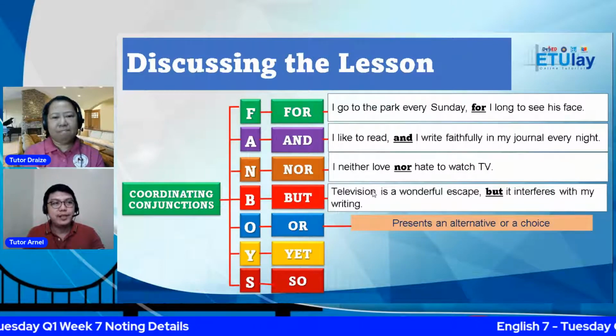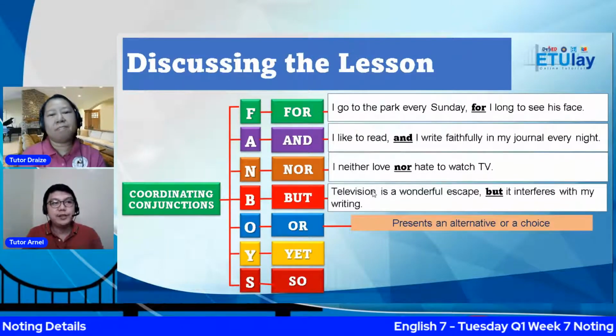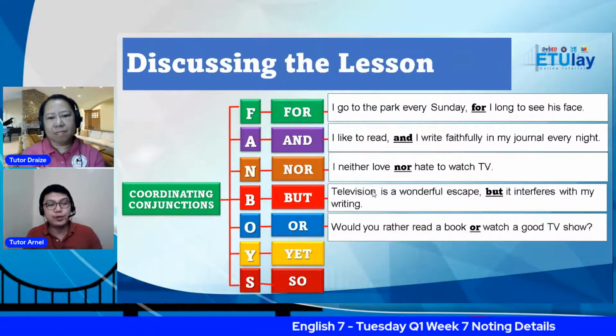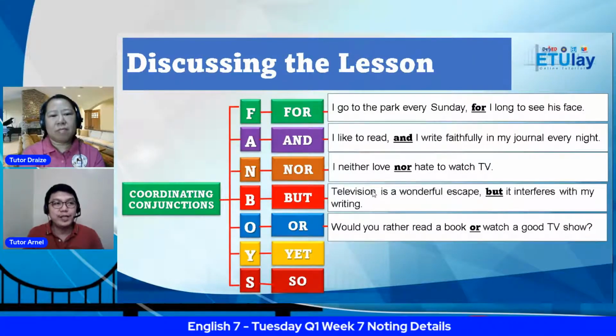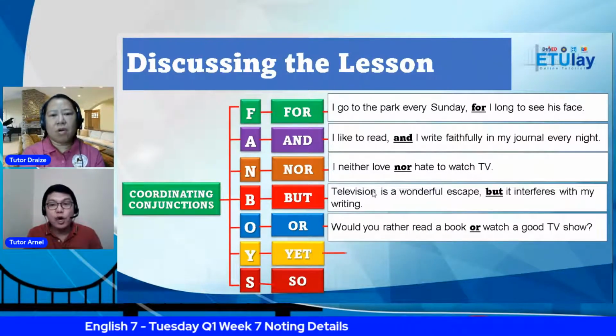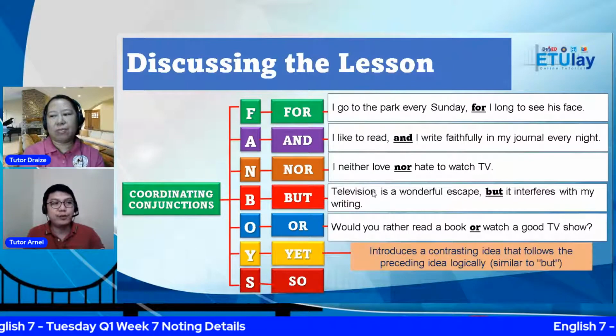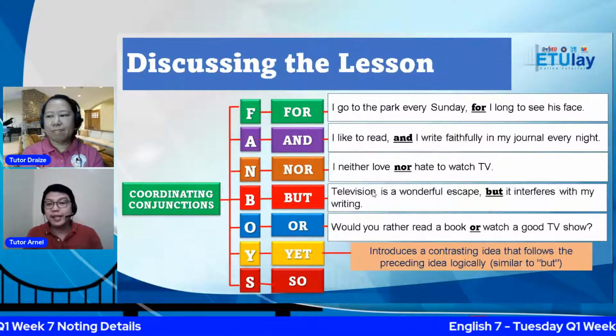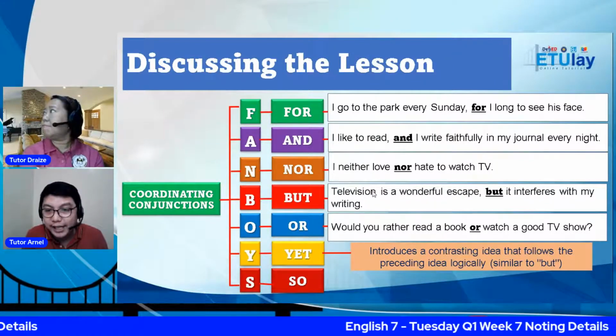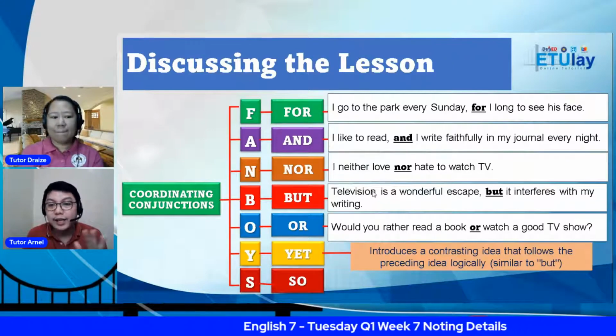So another is or. We do present an alternative or a choice. An example of it is, would you rather read a book or watch a good TV show? And for yet, it introduces a contrasting idea that follows the preceding idea logically.